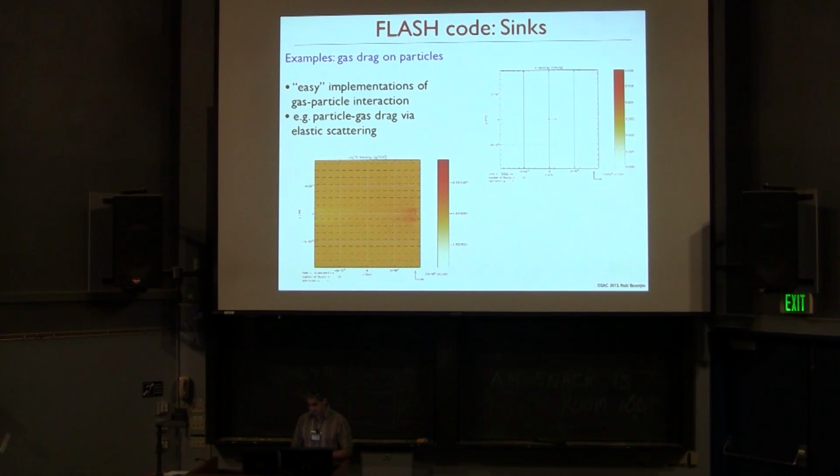In a periodic box, it goes around, and here's the other way around, so that the sink particle is moving, the box is still, and then of course the gas in the sphere of influence gets to the same velocity as the sink particle. So these are just examples to motivate you that if you have them at hand, it's fairly easy to come up with your own model of gas sink particle interaction.